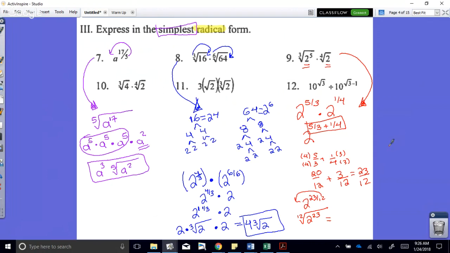So I have 2 to the 12th, and my even group of 12 comes out, and I have a 2. So this 2 to the 11th is left inside, so I end up with the 12th root of 2 to the 11th, and you can leave it like that.